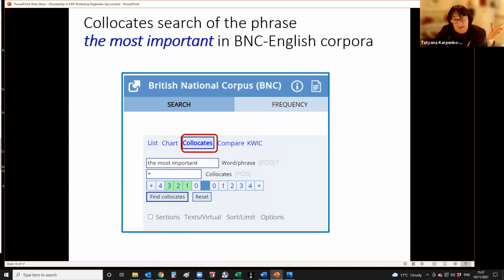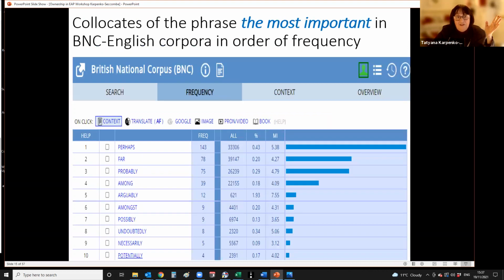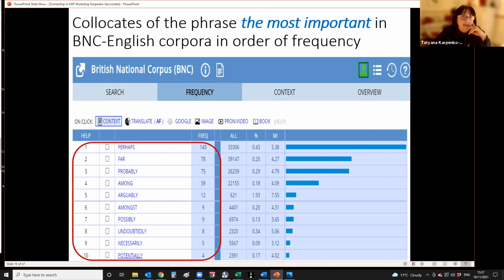If we look at collocates and we look at the phrase the most important, and look on the left-hand side of it, the results show that among the 10 most frequent collocates, they are all hedges: perhaps, probably, amongst, arguably, very similar to those that we find in LexTutor.